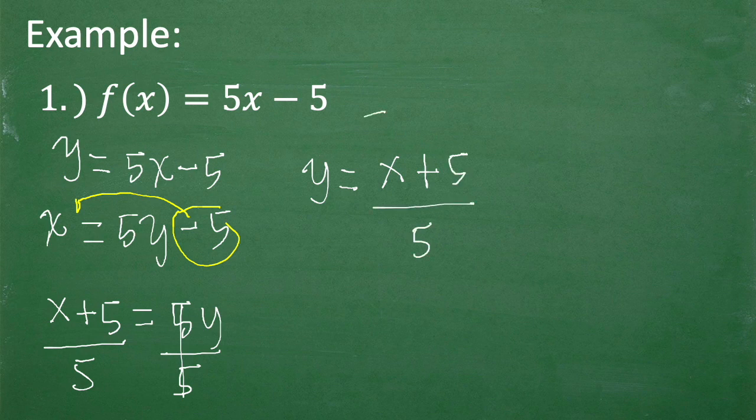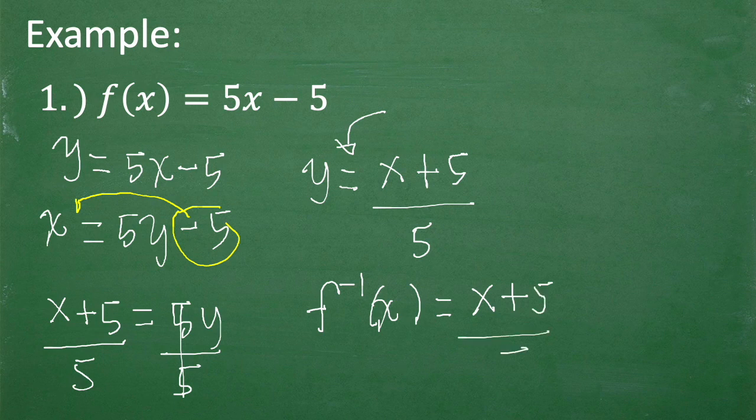Since this is our new y, we can now change it into the inverse function. We have f inverse of x equals (x plus 5) over 5. And this is our inverse of the function f of x equals 5x minus 5.